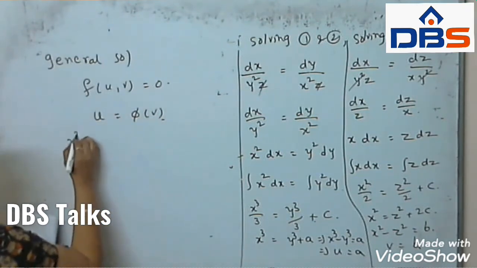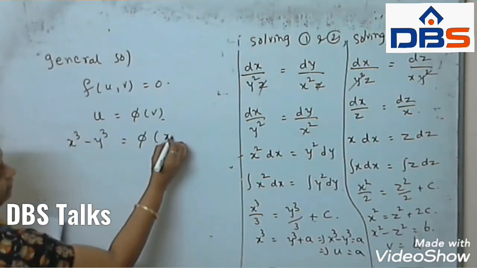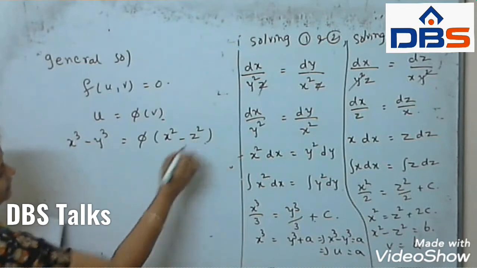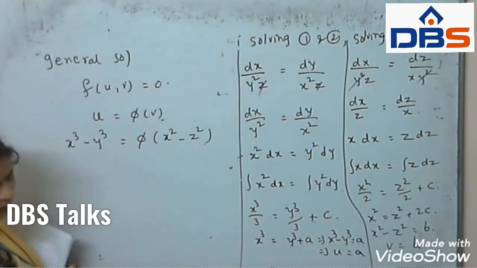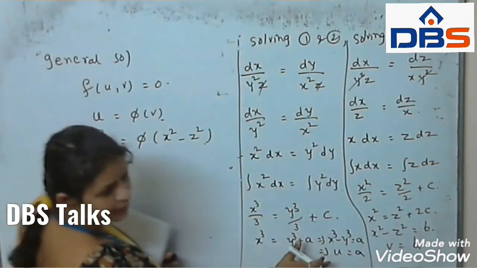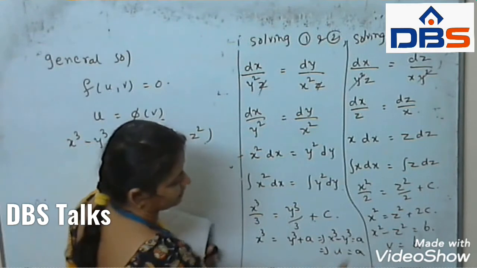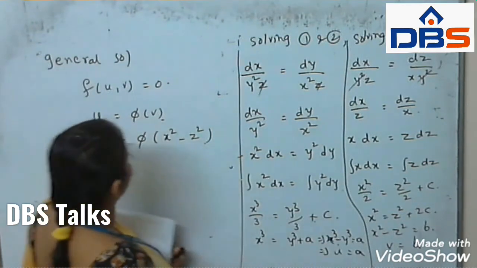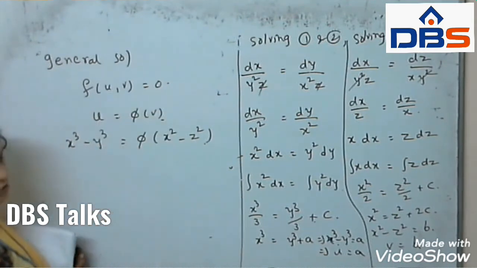U means x cube minus y cube equal to phi of v, which means x square minus z square. Here we got the two functions u and v. U is x cube minus y cube and v is x square minus z square. So the final solution is u equal to phi of v or f of u, v equal to 0.